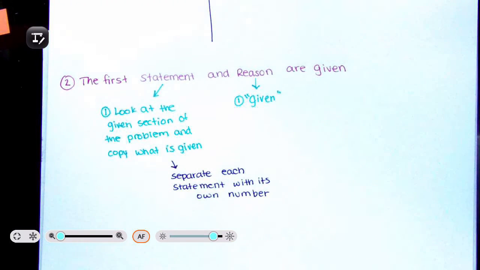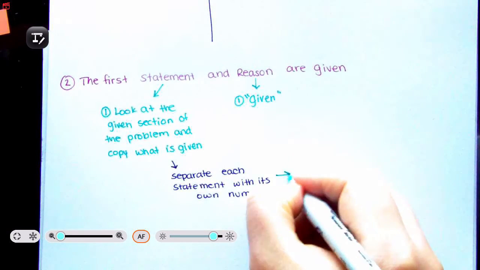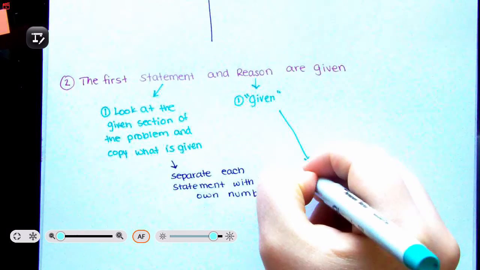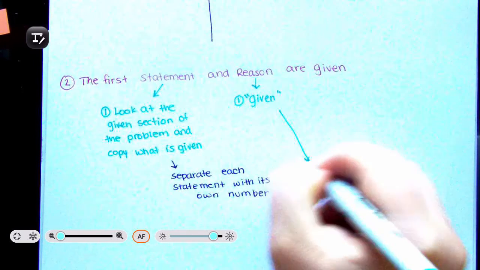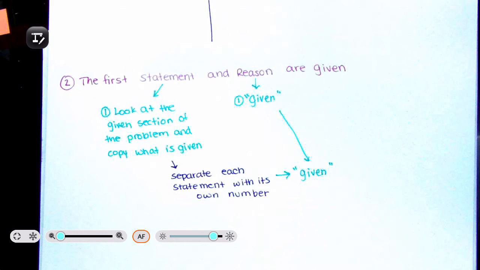And for each of those statements, your reason is still given. So for example, if they tell you that segment AB is congruent to segment CD, well, how do you know those two segments are equal in measure? Well, because they told me. We can't really write "they told me so", it'd be very informal, so we're going to go a little bit more formal on our reasons and write given.